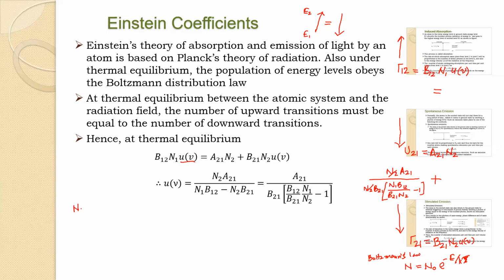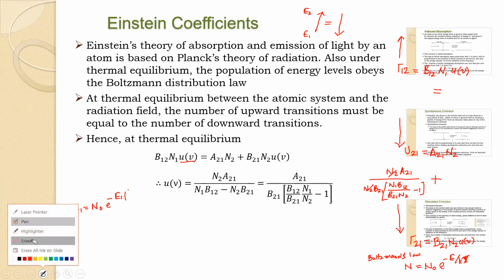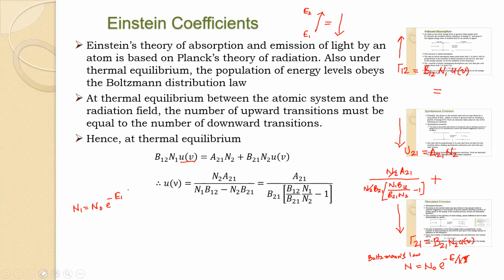N1 can be written as N0 e raised to minus E1 divided by KT. And N2 must be equal to N0 e raised to minus E2 by KT.